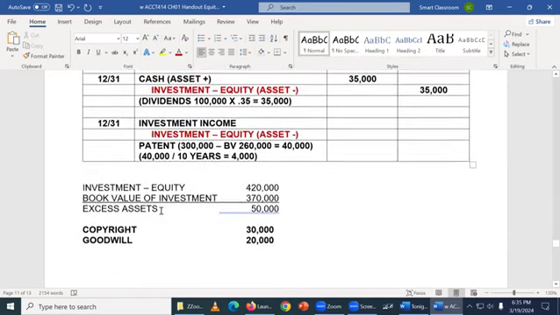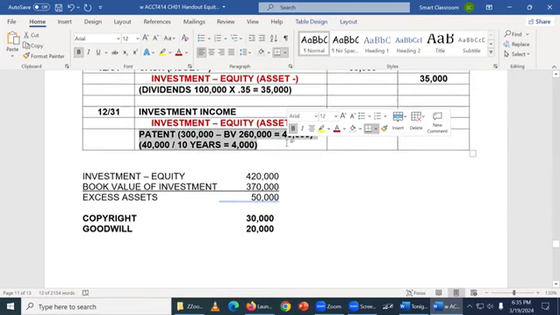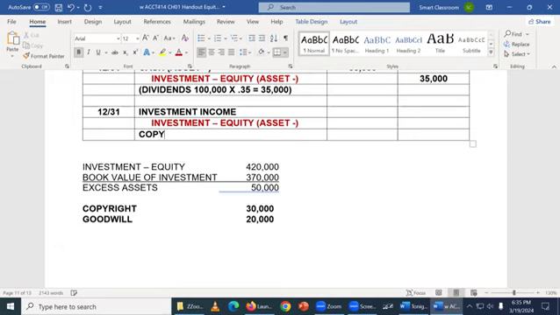Okay, so I'm just going to put it up here to put copyright. So our share of the copyright is 30,000.